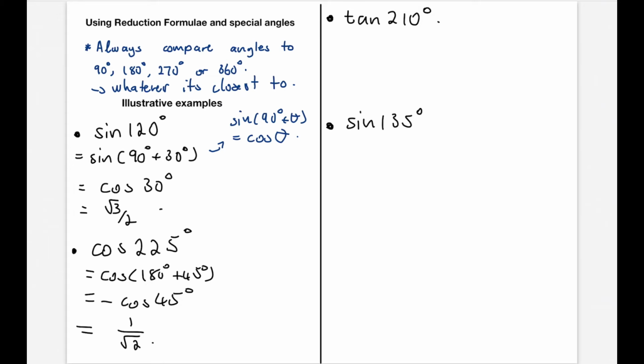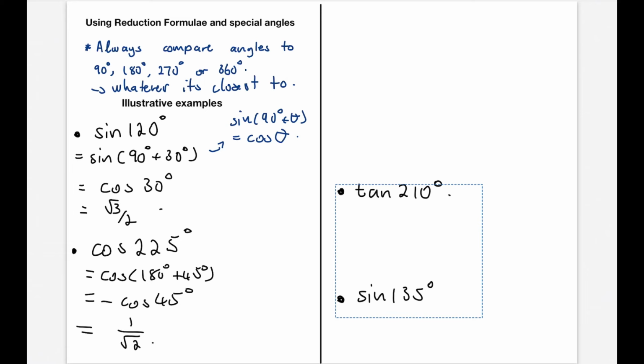And that's the answer. Now, I just want to make it very clear that it actually doesn't really matter which one of these you use. By that I mean whether you went with 180 or you went with 270, it doesn't really matter. Because if I took cos 225 and instead of comparing it to 180, I compared it to 270, well, what's the difference between 270 and 225? It's 45, isn't it?